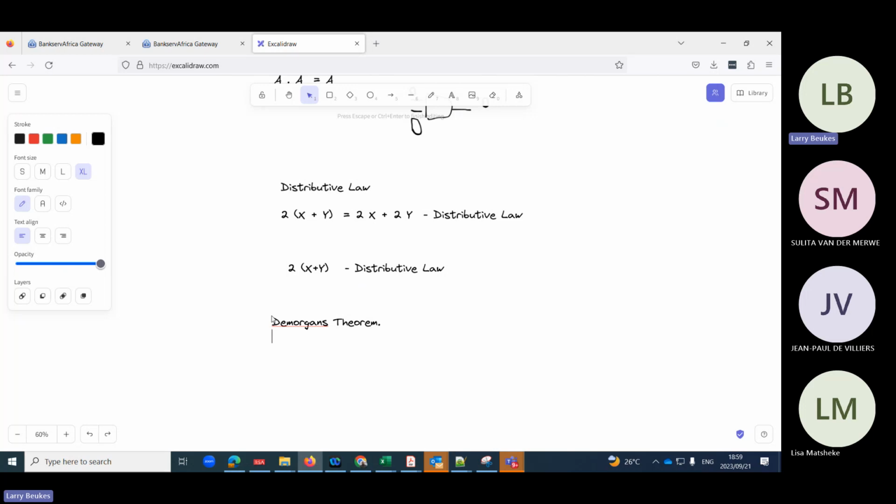Guys, De Morgan's theorem. They will ask you theoretically, they will say state both De Morgan's theorems. This is theory. This is normally 4 marks.